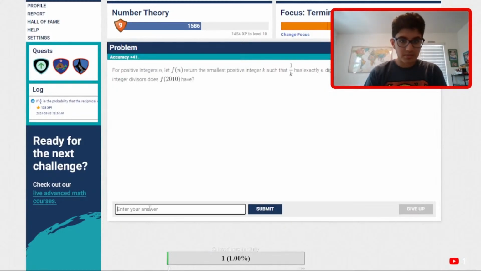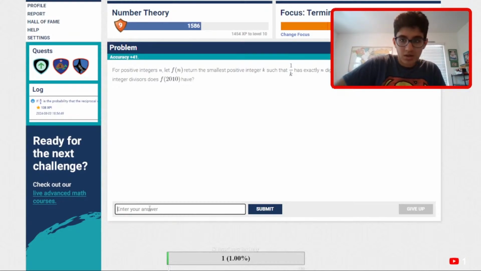Okay, perfect. For positive integers n, let f of n return the smallest positive integer k such that 1 over k has exactly n. What?